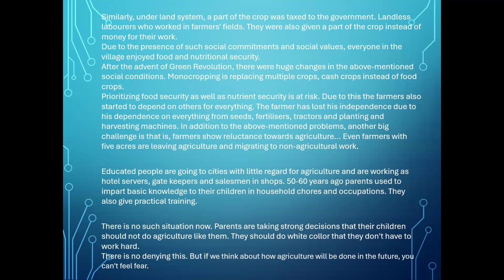Due to this, farmers also started to depend on others for everything. The farmer has lost his independence due to dependence on everything from seeds, fertilizers, tractors, and planting and harvesting machines.